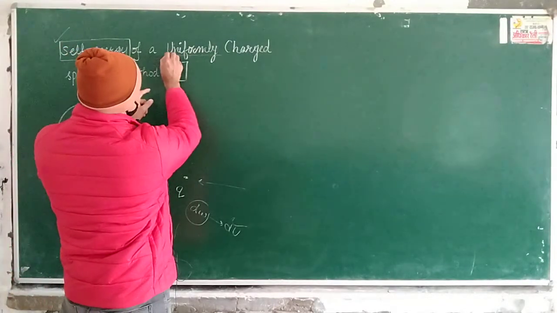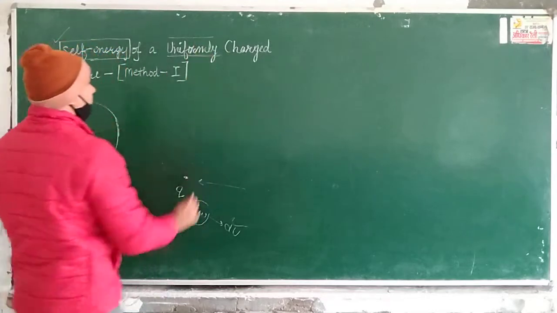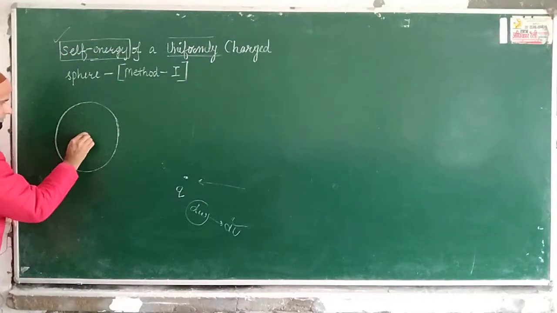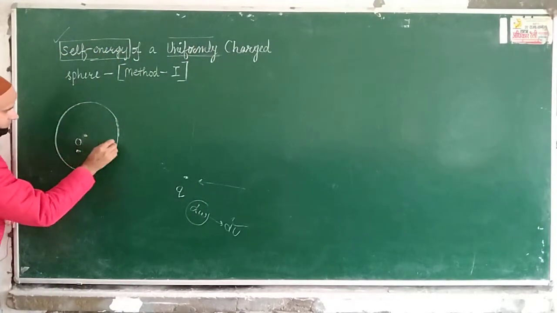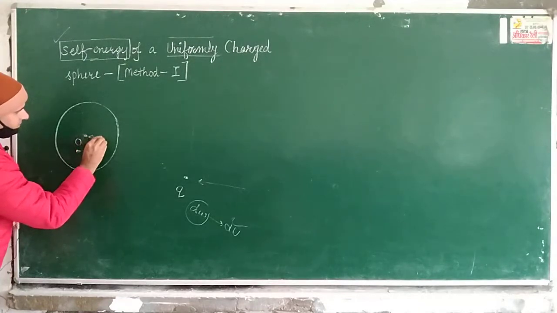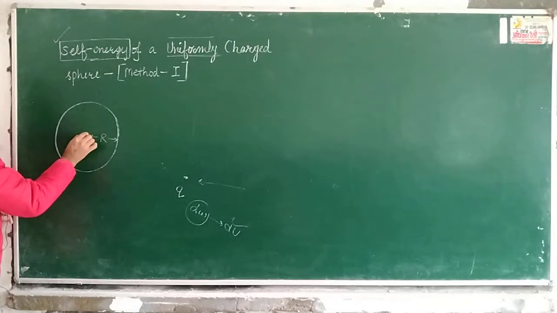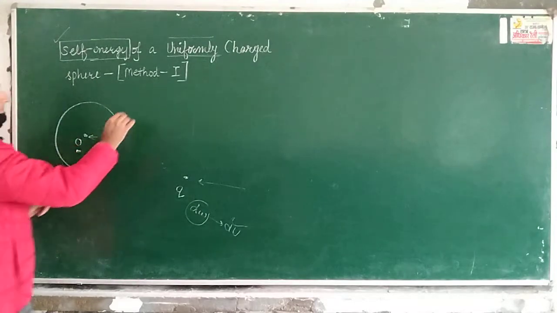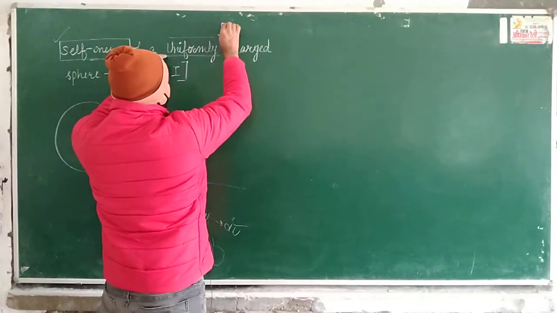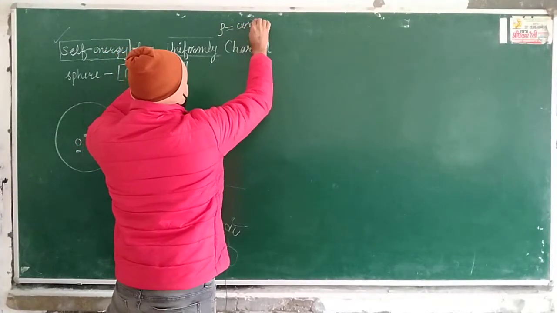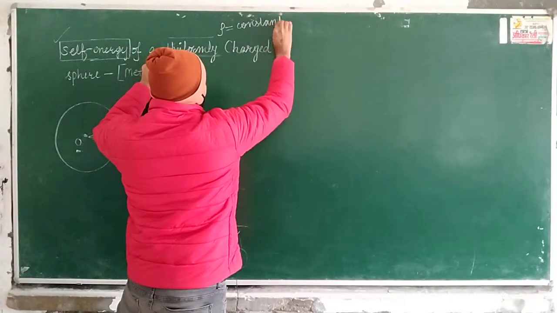Here the sphere is uniformly charged, meaning, let this be the center and the radius of this sphere is r, and the charge density is constant, independent of coordinates.